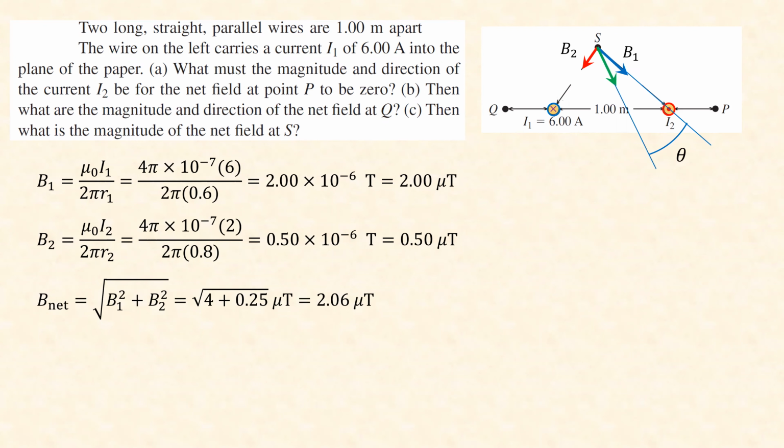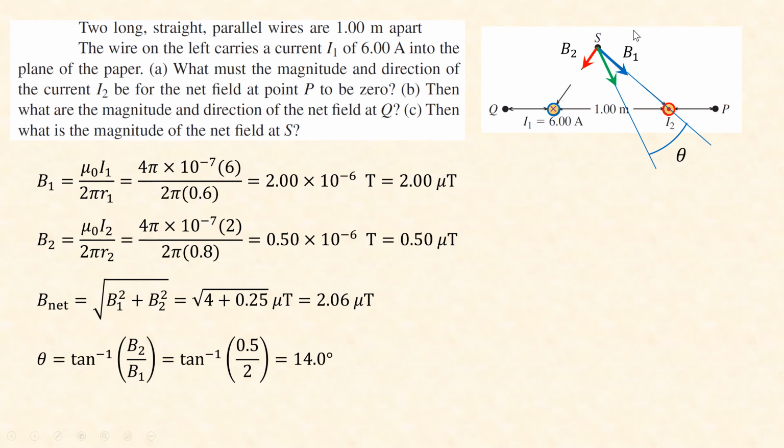And the angle here is not the same angle that a problem would want, but if you have a coordinate system, then you can translate it to the angle to the coordinate system. This theta shown here is tan inverse of B2 over B1, which is tan inverse of 0.5 over 2, or 1/4, and it becomes 14 degrees.